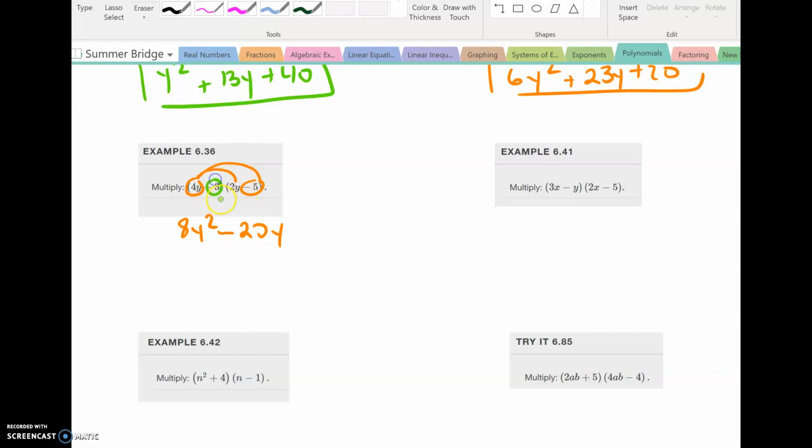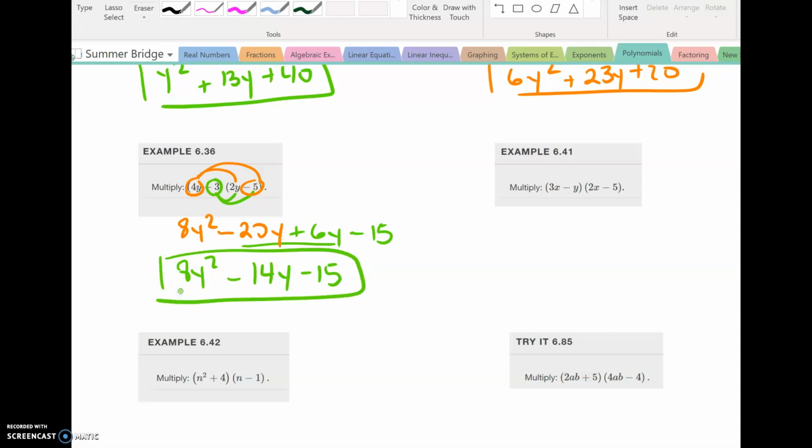Now we take 3 and we multiply it out just like we did before. 3 times 2y is 6y. 3 times negative 5 is negative 15. So again, we have to kind of keep track of our positives and negatives here, guys. So we combine our like terms. We have 8y squared minus 14y minus 15. And that's the answer for this example.